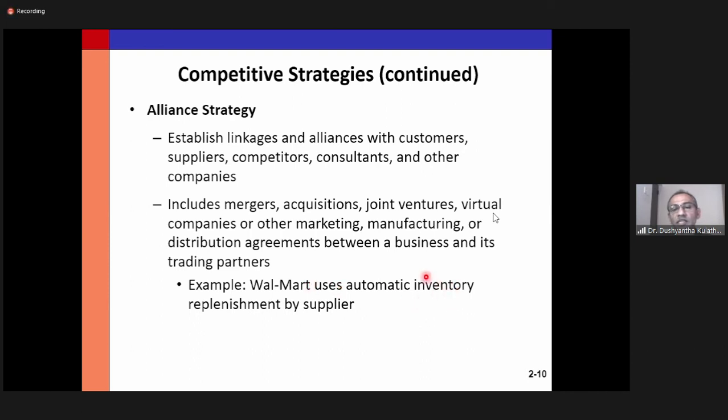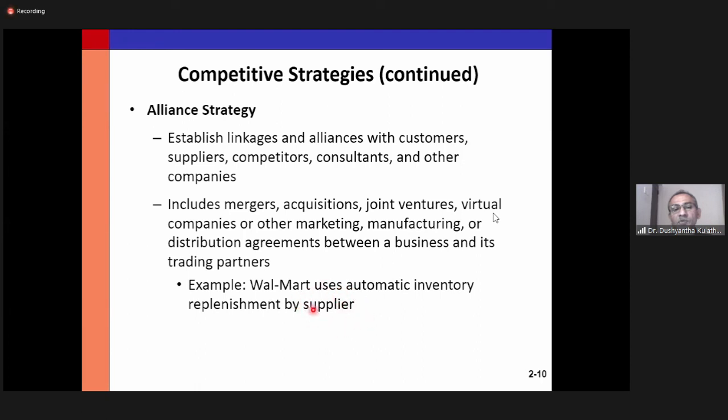So the inventory management systems will identify the declining inventories, and when the inventory of a particular item reaches the reorder level, a new order will be placed with the relevant supplier. That is done by Walmart's information systems.